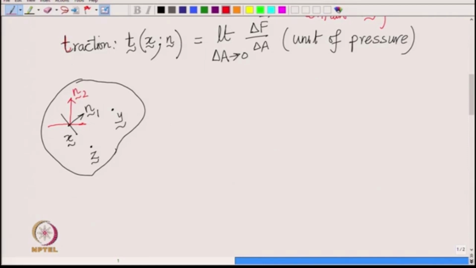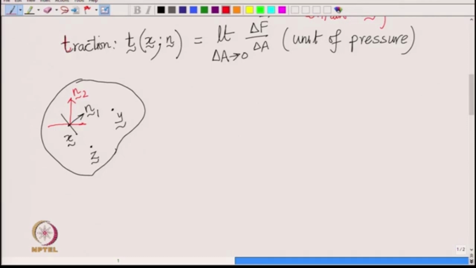Okay. So, traction, as I said, it varies from point to point, but even at a point traction on two different planes are different. So, on plane with normal n 1 traction will be something, and on plane with normal n 2 traction will be something else.